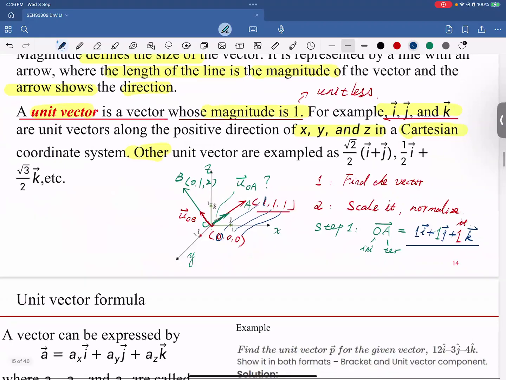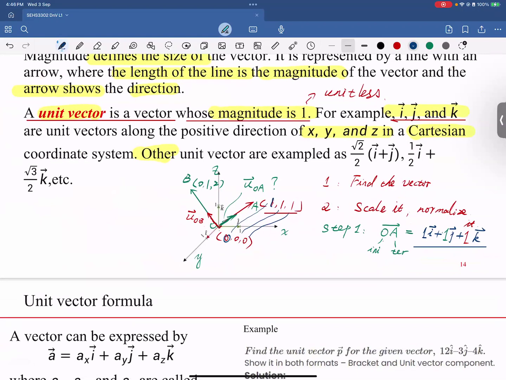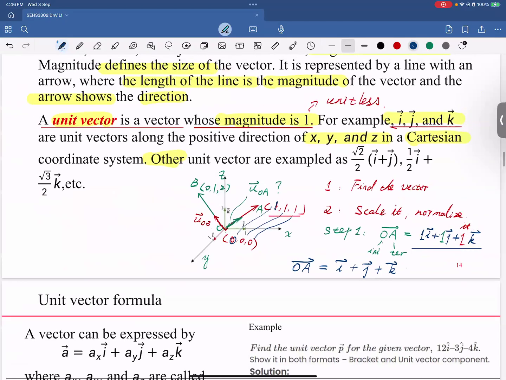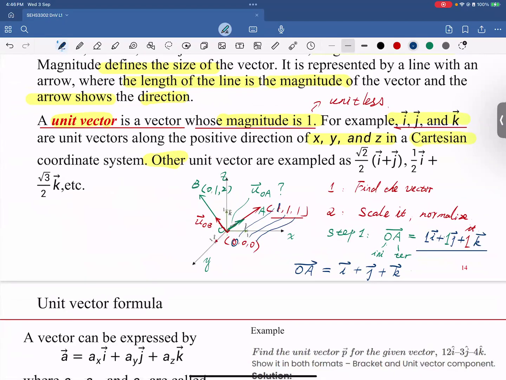So for such a vector OA, we call it I plus J plus K, right? And if familiar enough, you can also write OB, from O to B, which is J plus 2K.